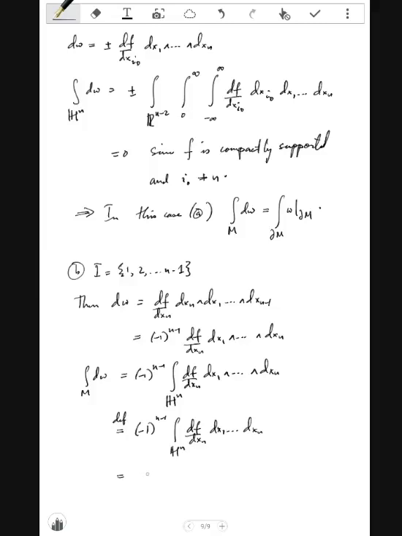This is equal to minus 1 to the n minus 1 integral over Rn minus 1, integral 0 to infinity.